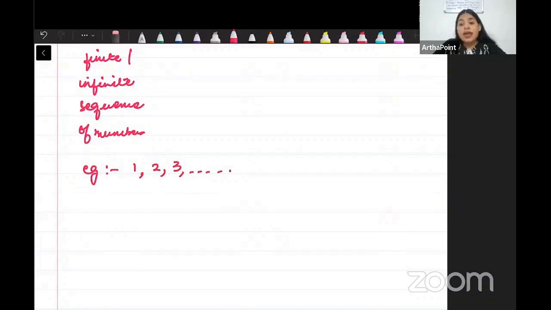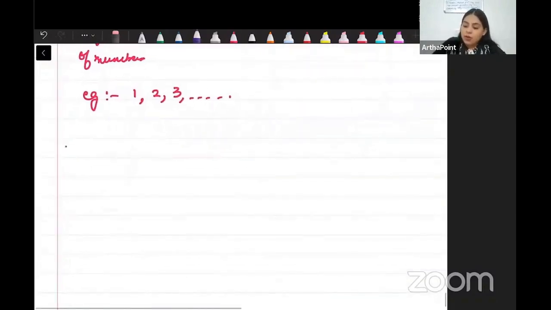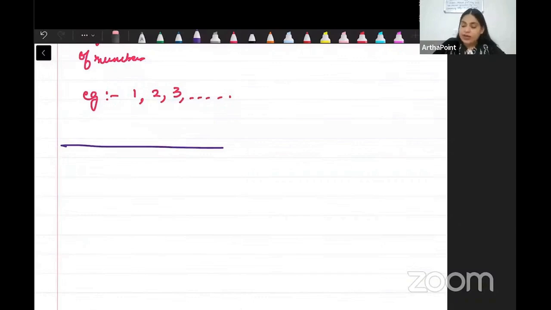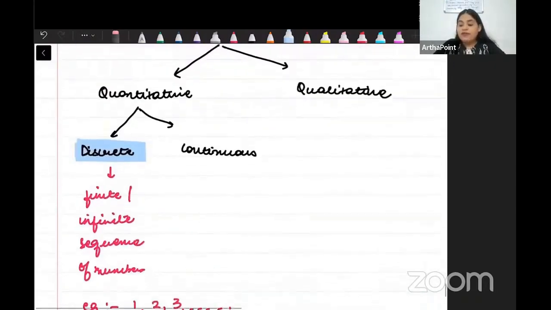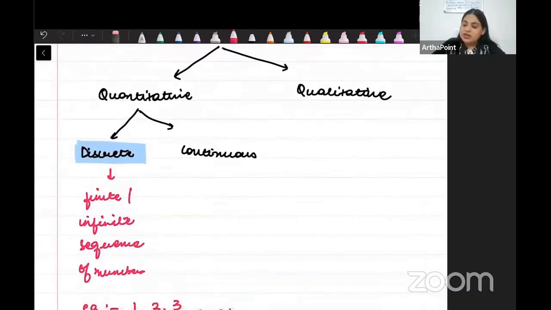There cannot be any number in between. I cannot have continuity. So on my number line, I will either have 1 or 2 or 3 or 4 and so on. You are not including what is coming in between. So when you have it like that, that is called discrete.